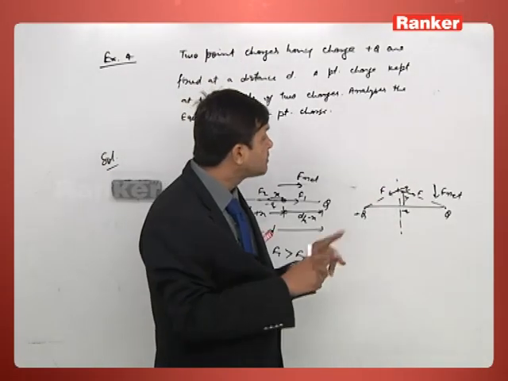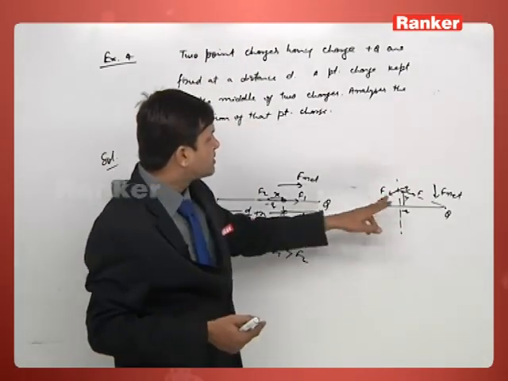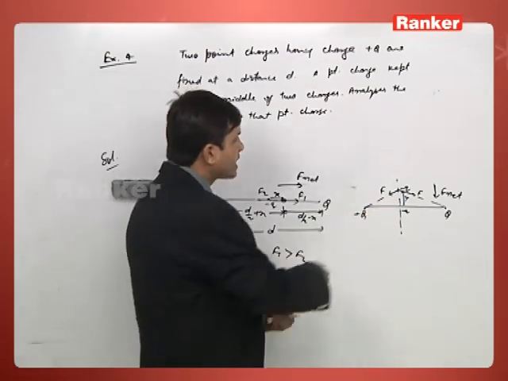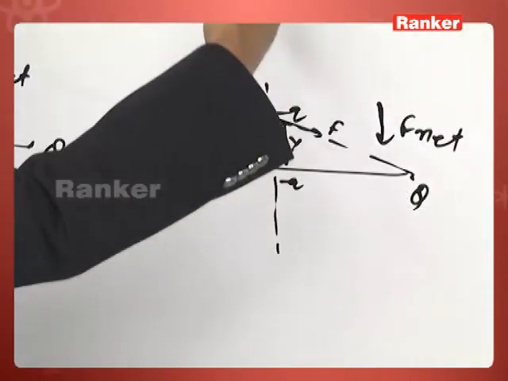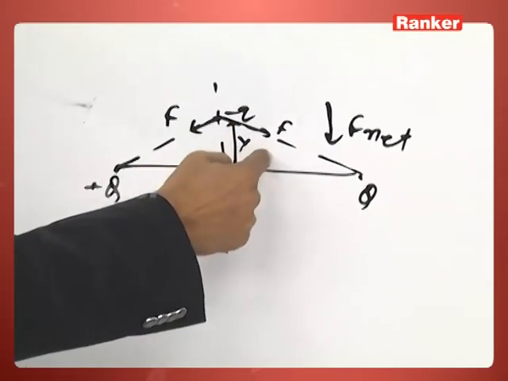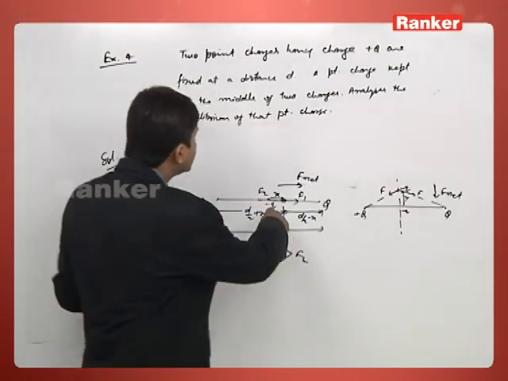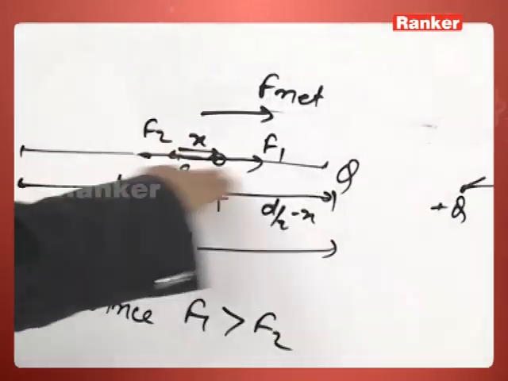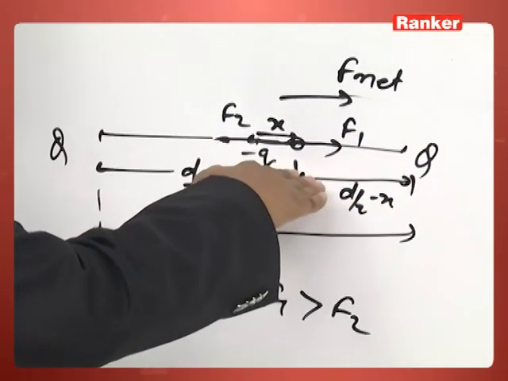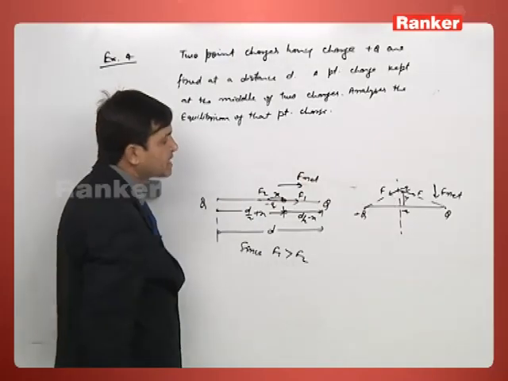So it is just the reverse case of the positive charge. The positive charge was in unstable equilibrium along this line, but the negative charge is in stable equilibrium along this line. And along the other line, the positive charge was in stable equilibrium, but the negative charge is in unstable equilibrium.